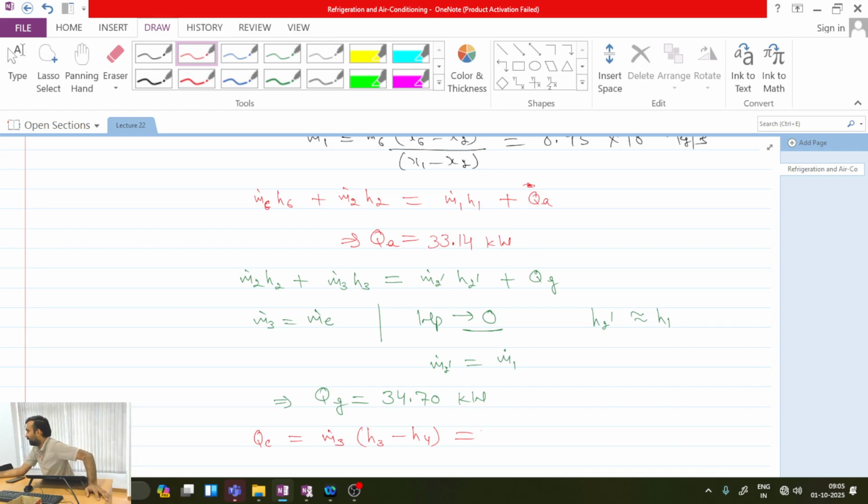Next is heat rejected in the condenser. Very simple. M dot 3 into H3 minus H4.